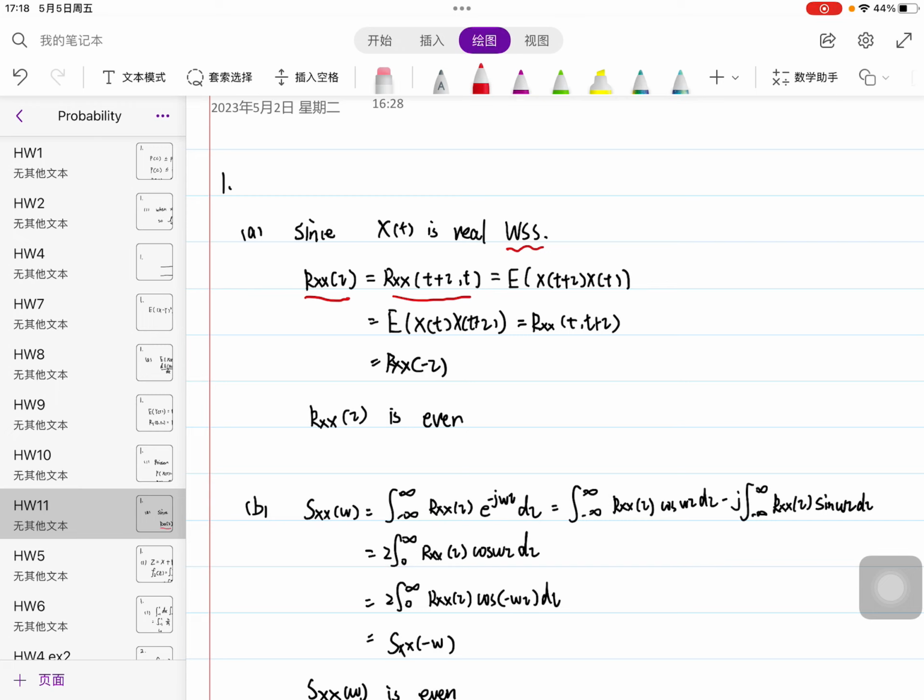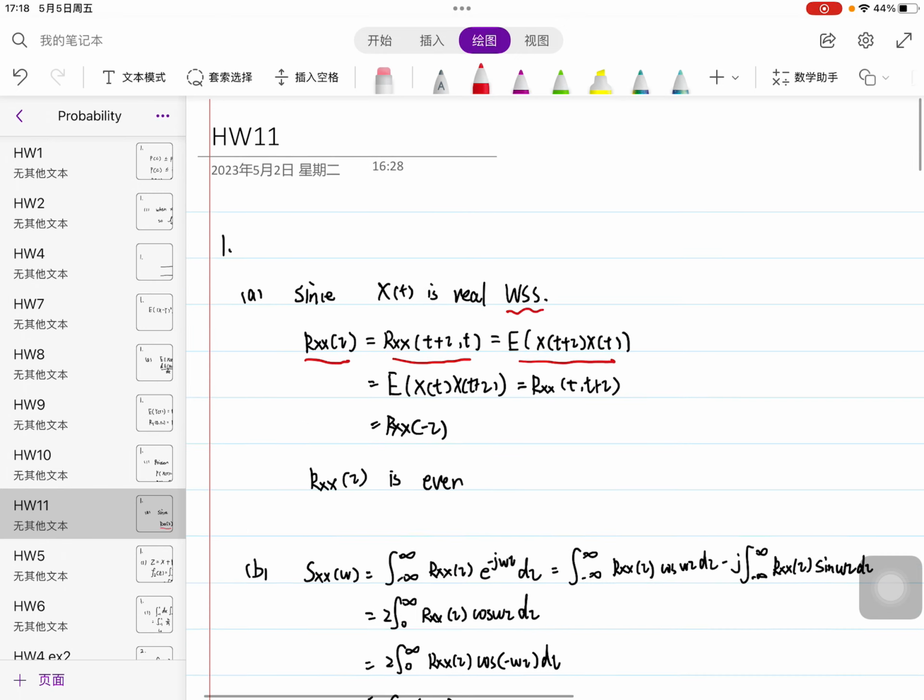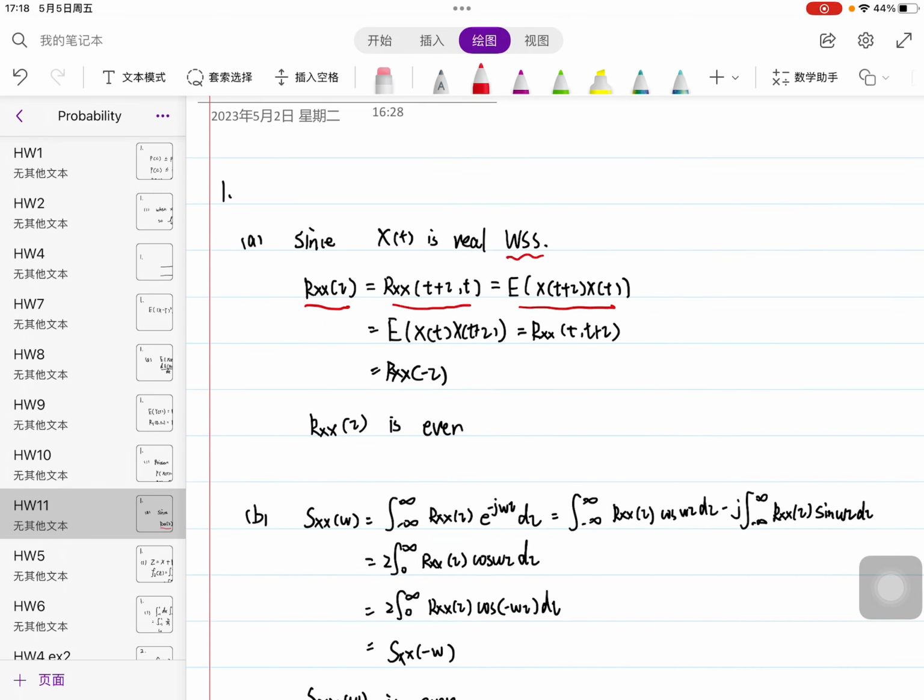With the definition of the autocorrelation, it is the mean value of xt plus tau times xt. And since xt is real WSS, it only depends on the time interval of the two times. So it equals to this.